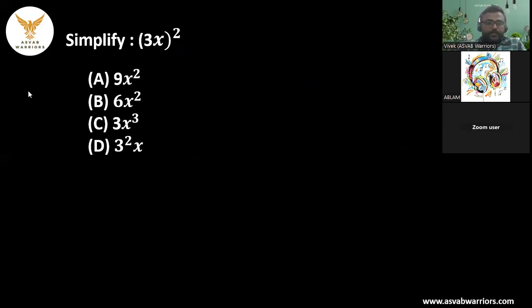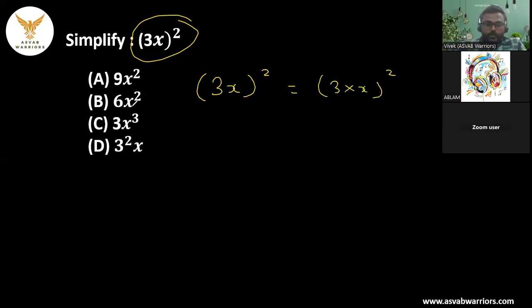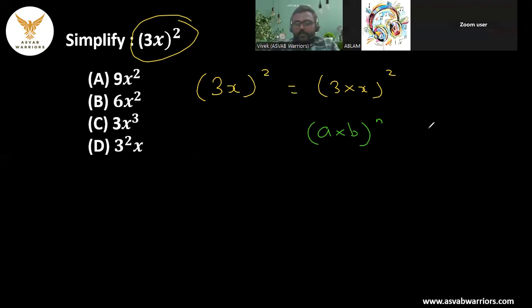Hold on. 3x to the power 2 simply means it is 3 times x, to the power 2. According to the rule, which was a times b to the power n, what do we get? A to the power n times b to the power n. So this will become 3 to the power 2 times x to the power 2.